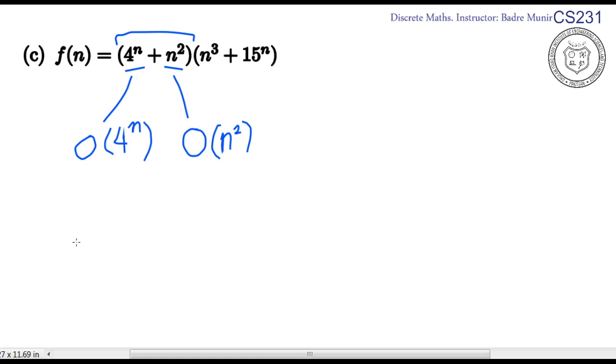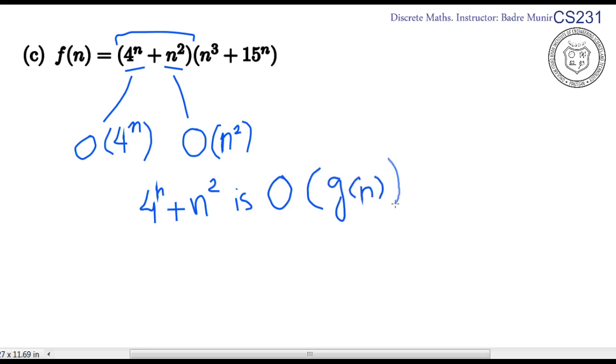How do we know what is the appropriate function such that we could say that 4 raised to power n plus n squared is big O of a function g of n? What is that function g of n?